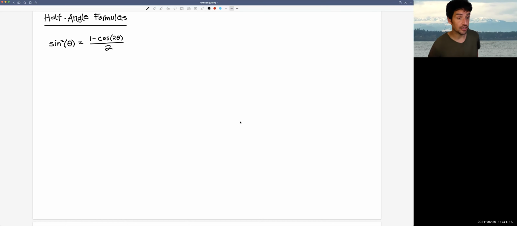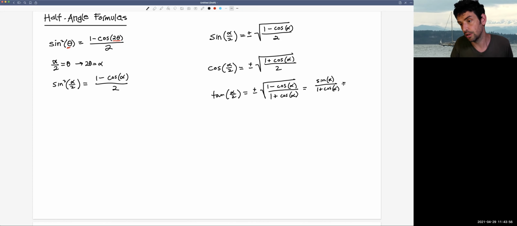And with a little bit of work, this can also be written as sine of alpha over (1 plus cosine alpha), or (1 minus cosine of alpha) over sine of alpha. I'll leave that up to you to sort through.